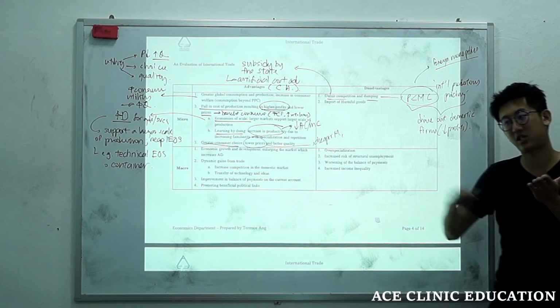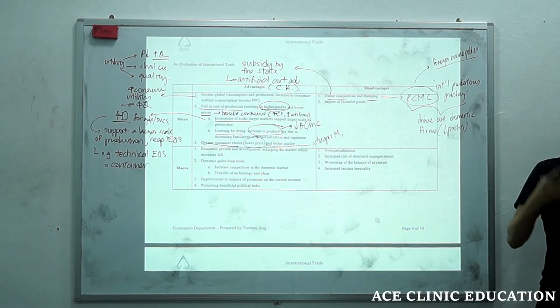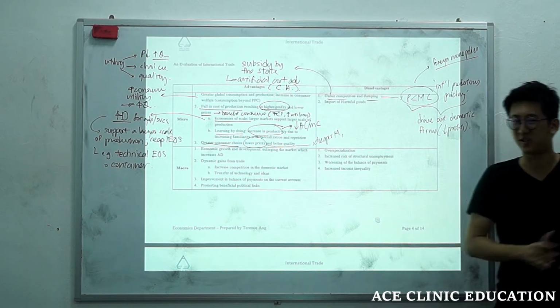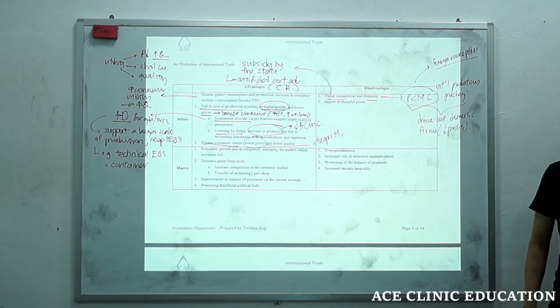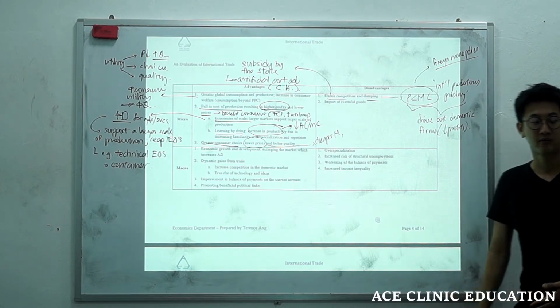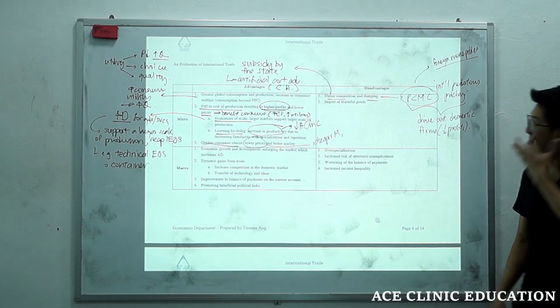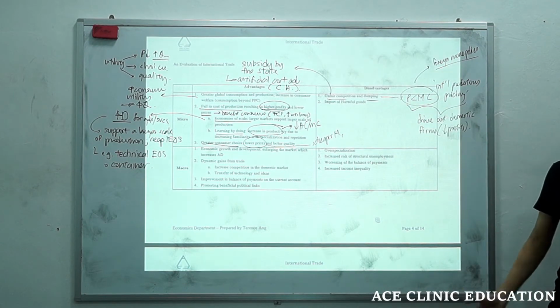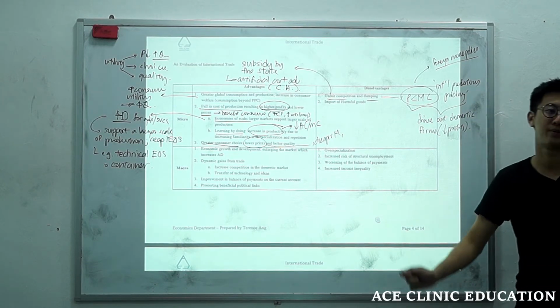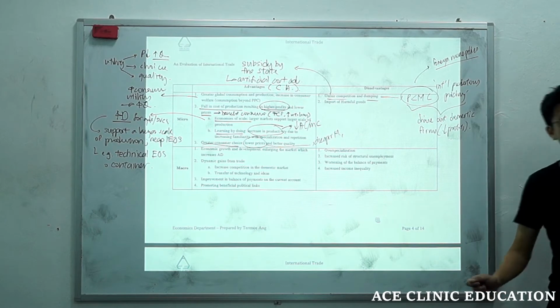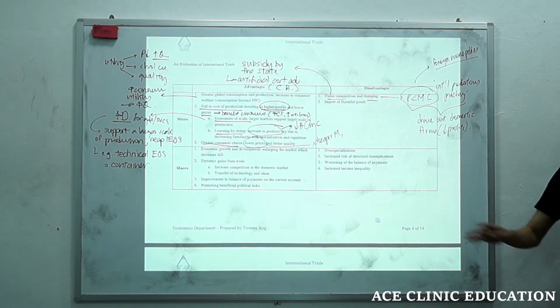From a TOCA perspective, you can also see it as an artificial TOCA. Actually, they have no CA one, but the government subsidizes them and makes it really cheap for them to undercut their rivals. From a micro standpoint, the outcome is exactly the same as dumping. Because if I subsidize you, you can produce very cheaply, you can undercut foreign firms. So actually very often, the subsidy and the dumping go hand in hand.